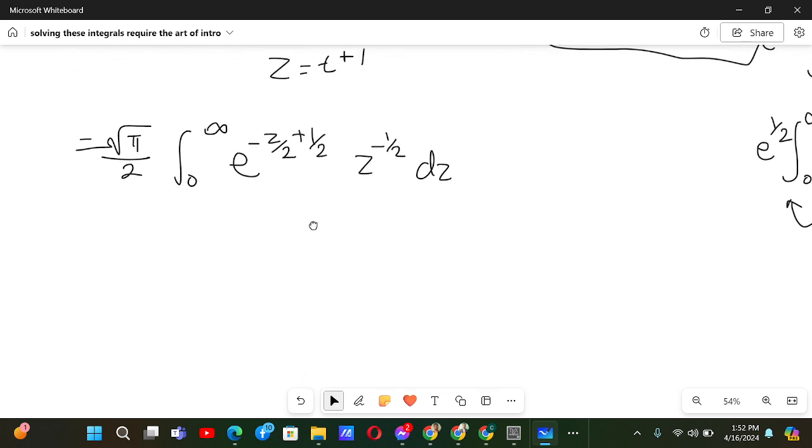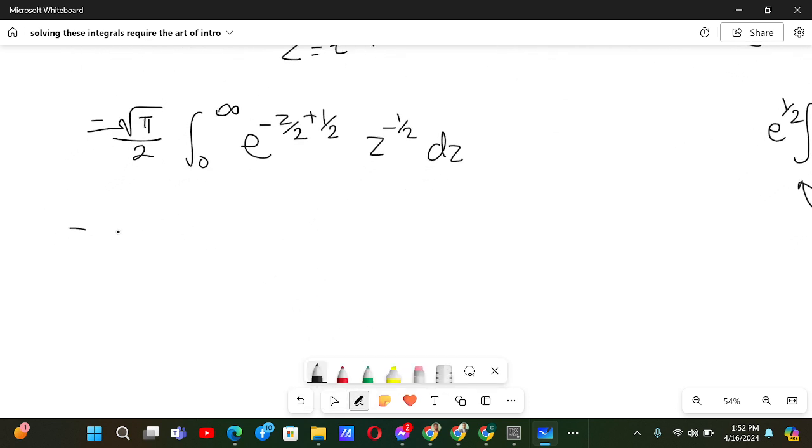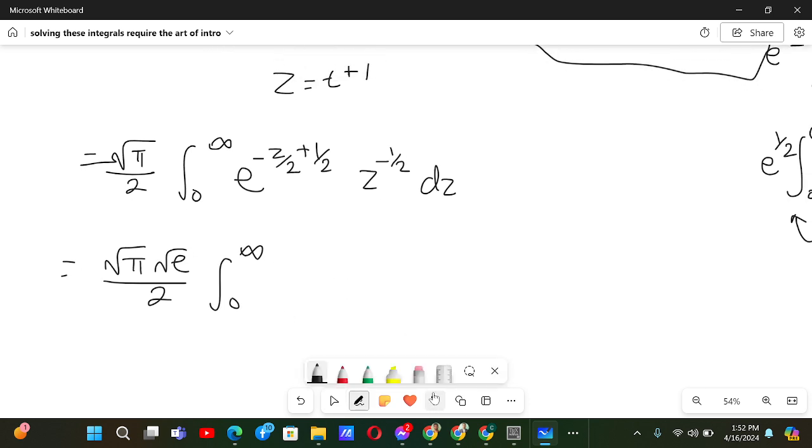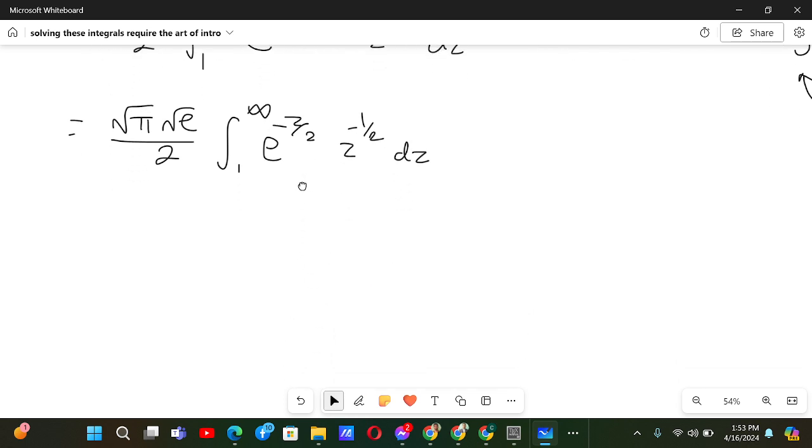So what do we finally have? We have root pi root e by 2 integral from 0 to infinity. Sorry, not 0, this is 1 actually. I made a mistake. This is 1, and it is e to the power minus g by 2, g to the power minus 1 by 2 dg. Okay, now what's next?